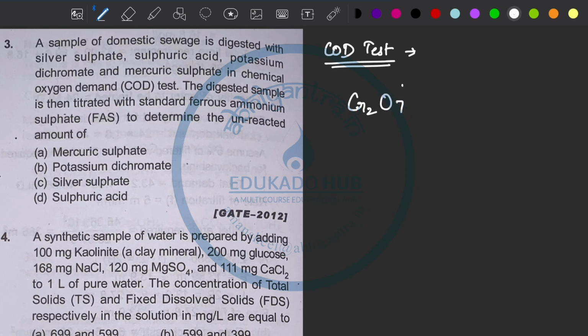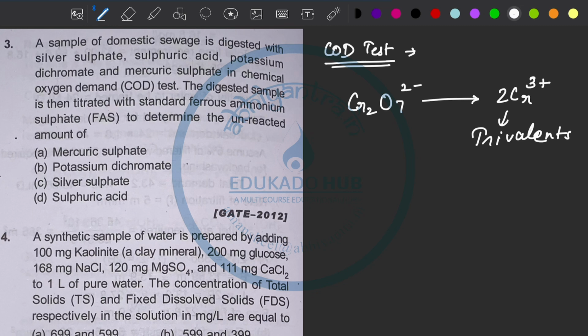In the presence of heat and silver sulfate, the dichromate changes itself to chromium ion, trivalent chromium ion, right?